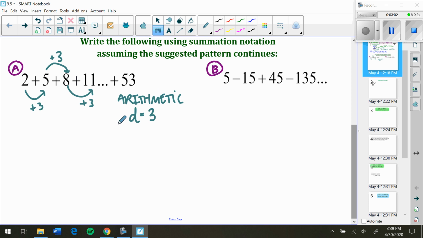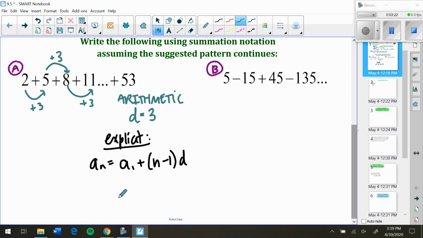Okay, so then I need to figure out what is my explicit definition of an arithmetic sequence. Now, we had this in our previous section, so hopefully you can flip back in your notes. a sub n is equal to a1 plus n minus 1 times our common difference of d.